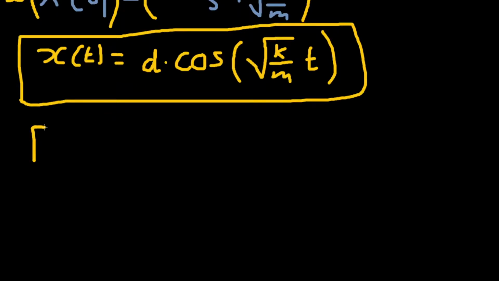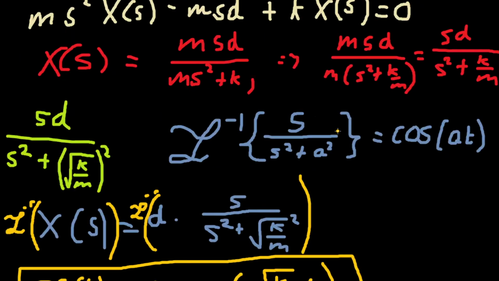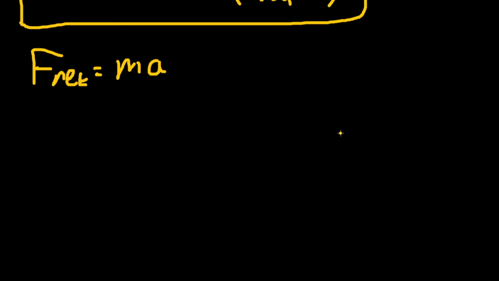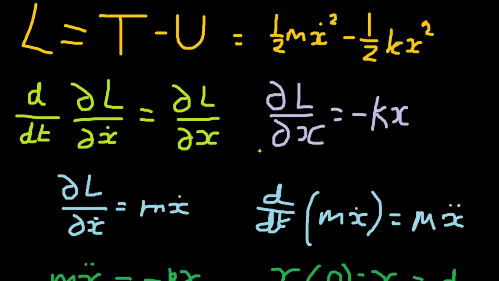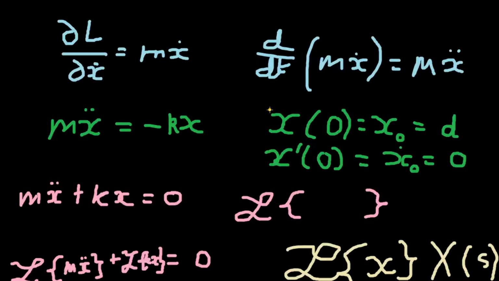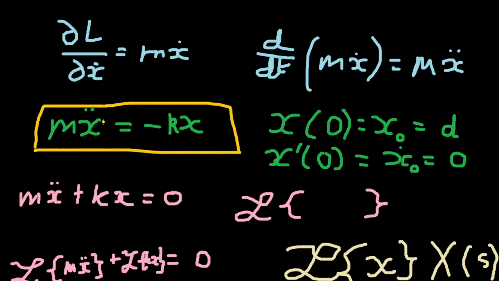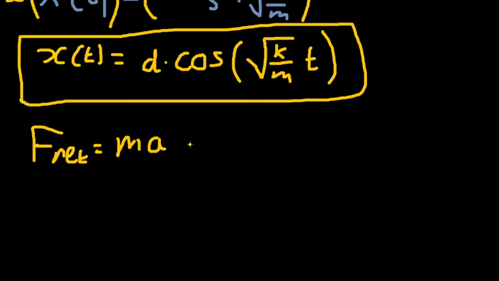And if we remember that the net force is equal to the mass times the acceleration, we can actually derive an expression for the force on the spring at any point. Because remember, here we derived that m x double dot is equal to negative kx.